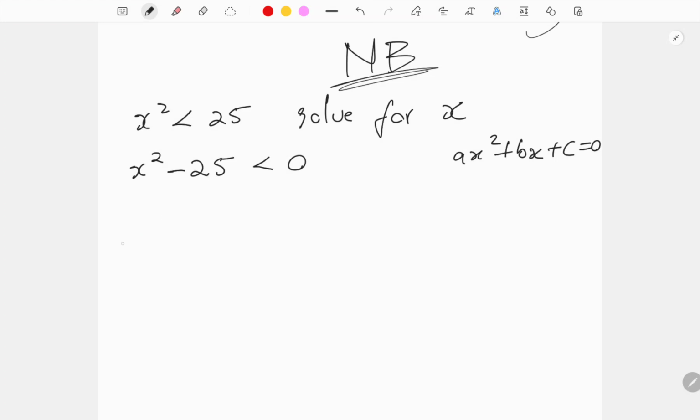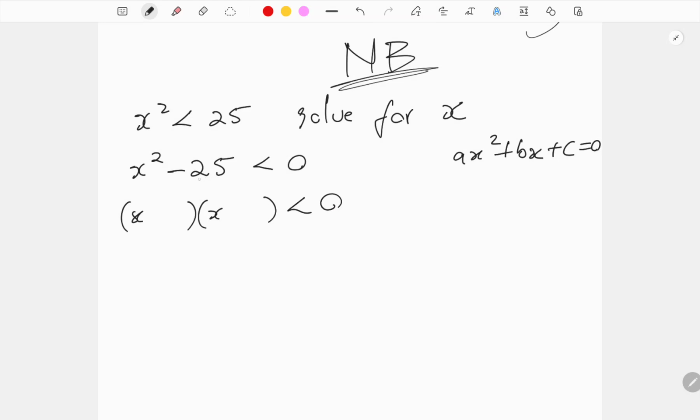So we are solving for x here. Oh, difference of two squares, but not of two squares. We are saying x squared, not x squared, x less than 0.